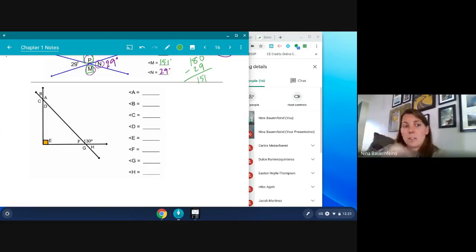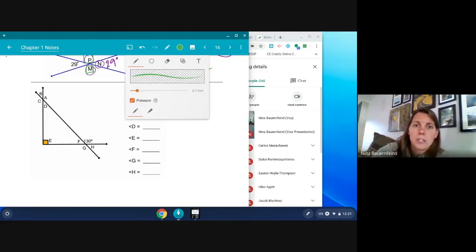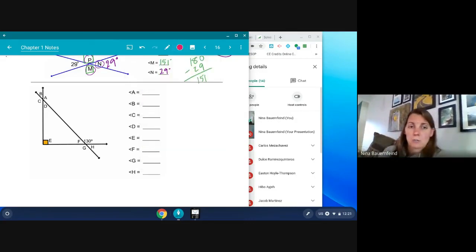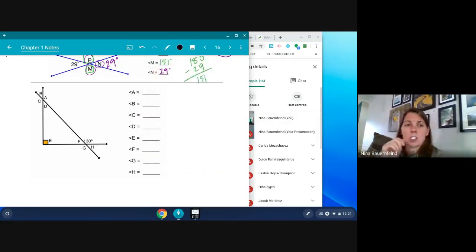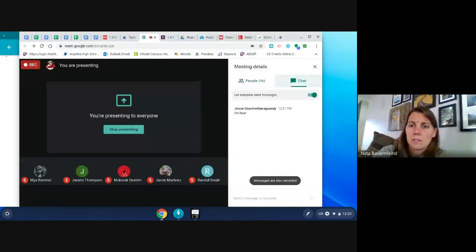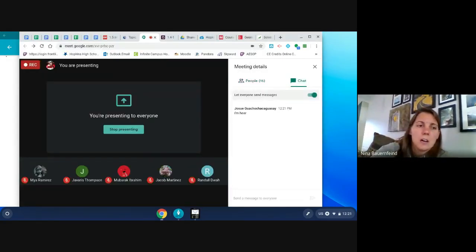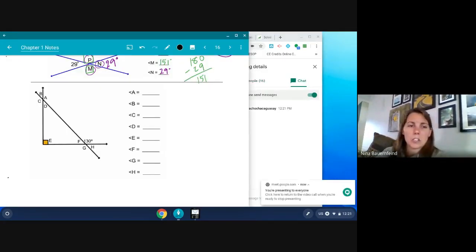So now we have a bigger example. The big objective today is to use angle relationships to calculate missing angles. So what I'm going to do is have you guys look at this picture and see what angles you know. Hey, Josue, thank you.